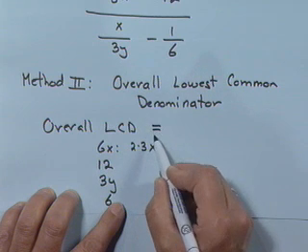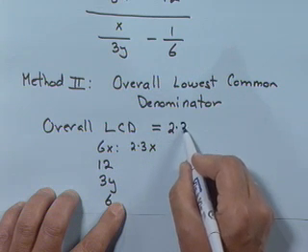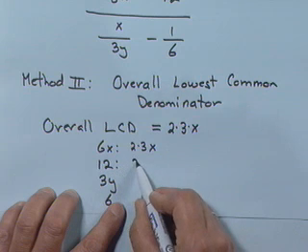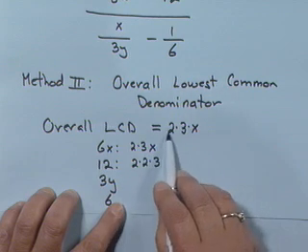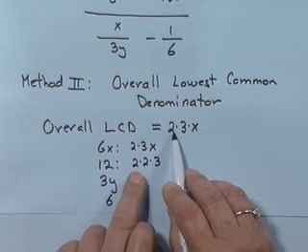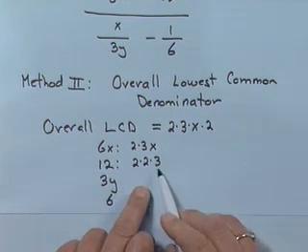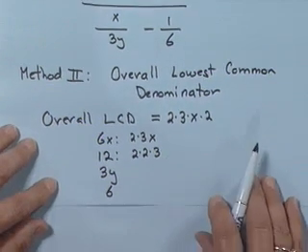So for the denominator, I'm going to have to include a 2, a 3, and an x factor. If I consider 12, well, 12 is the same thing as 4 times 3 or 2 times 2. Right here, we already have one 2, but what we need is two 2's, so we're going to put one more 2 in. We do have a 3 already, so we don't need to put another one because we're looking for the lowest common.